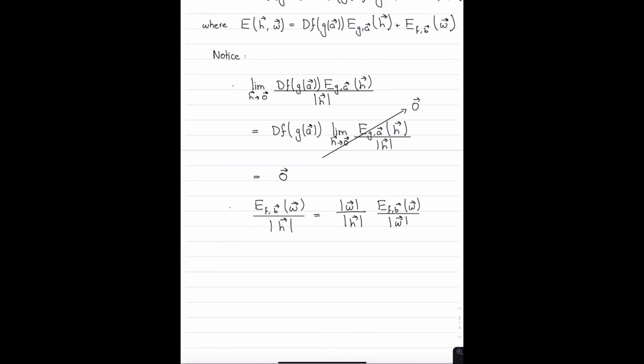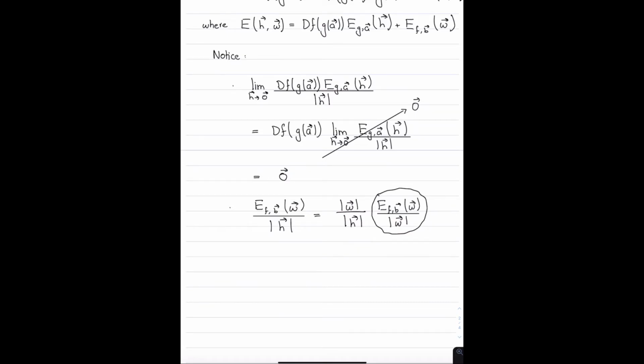So now this is probably the hardest part of the proof. What we need to do are two things. The first thing is that because we're looking at what happens at vector a as vector h approaches the 0 vector, what we know is that this piece will go to 0 as w approaches the 0 vector, not as h approaches the 0 vector.